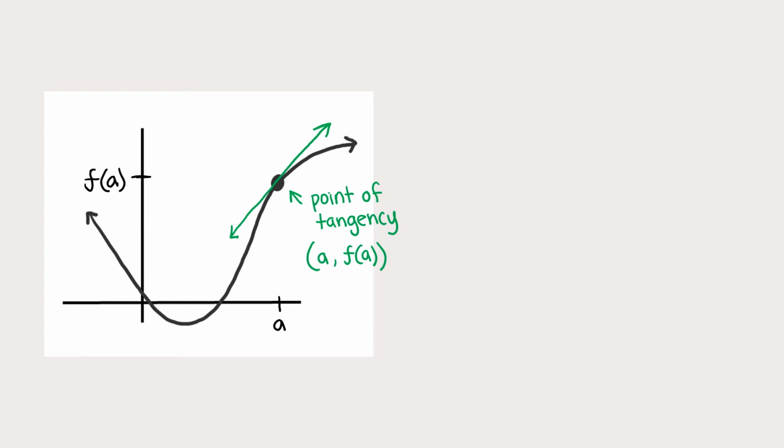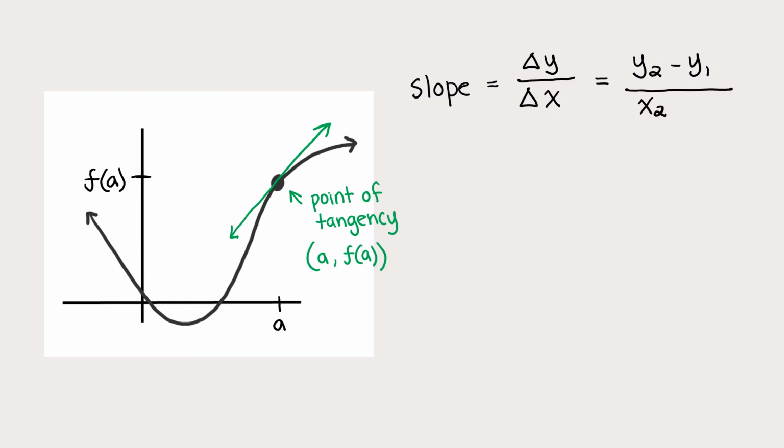So let's think about slope. Slope is equal to the change in y, where I'm using that Greek symbol delta, which looks like a triangle for change, over the change in x. So that's the difference between our y values, y2 minus y1, divided by the difference between our x values, x2 minus x1. And we're interested in the slope at that point of tangency, so at the point x is equal to a.